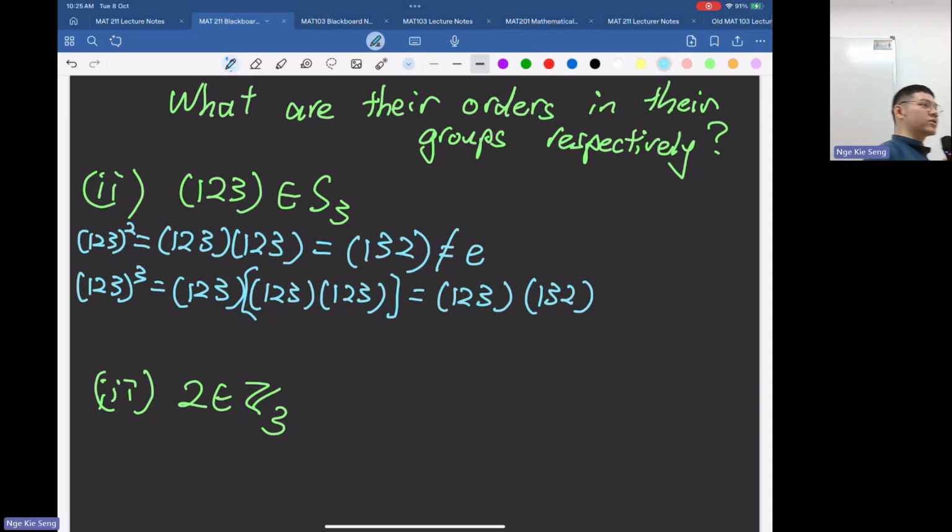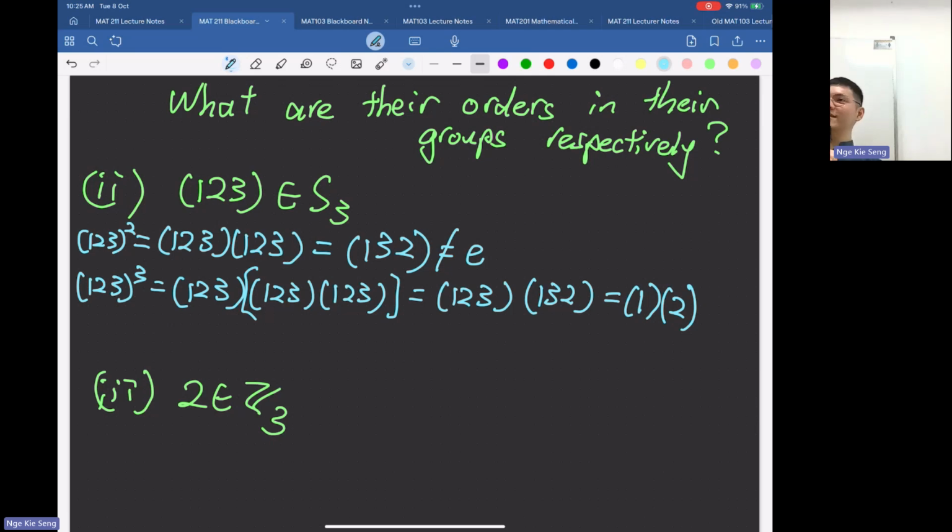This is the good thing about associativity: you don't need to do a product of 3. Then you can compute 2 by 2. 1 to 3, 3 to 1, close. 2 to 1, 1 to 2, again close. 3?